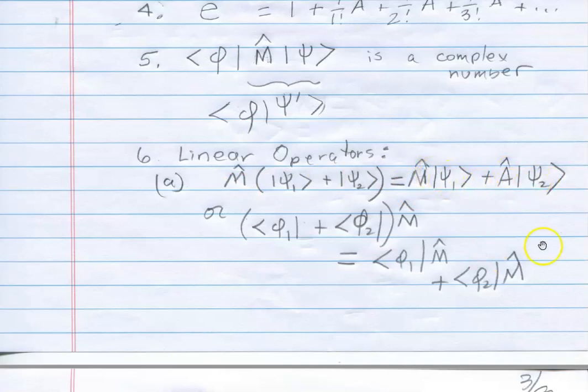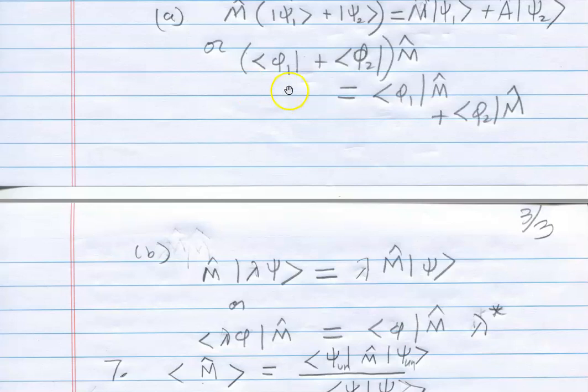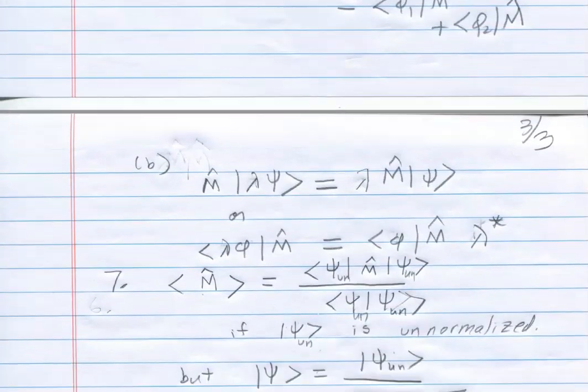That should be an M there, so make sure to correct that. Or I could do it from the other direction as well. Here would be a general Ket vector, and you do that, and you get it from that direction. So either side works. And that's the first part of linearity.